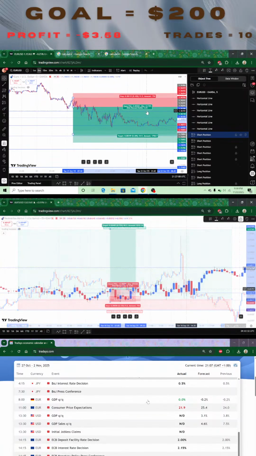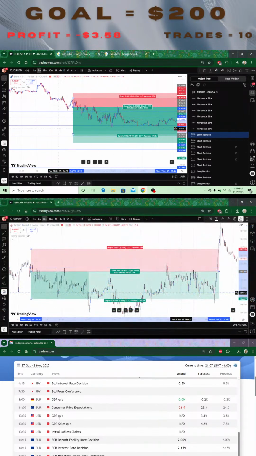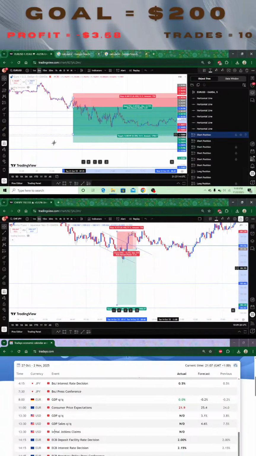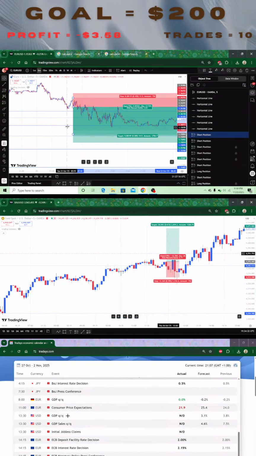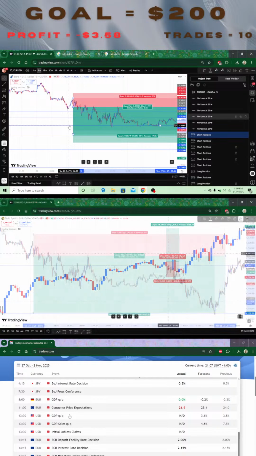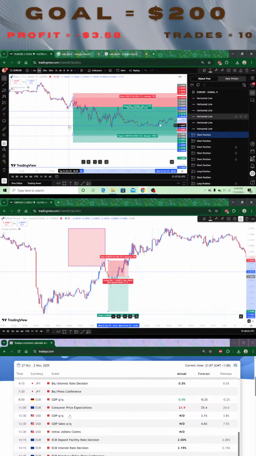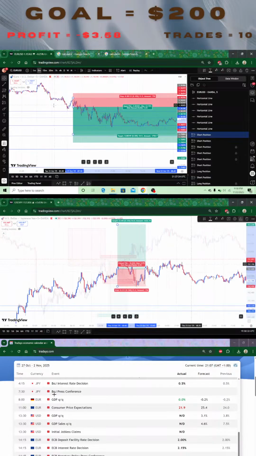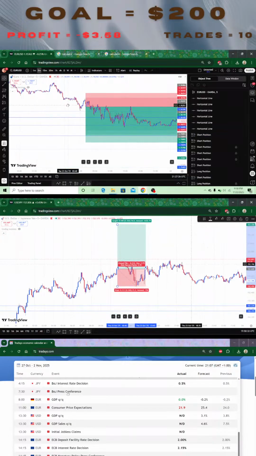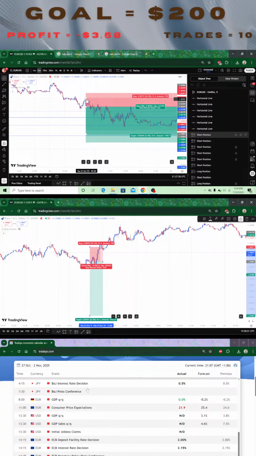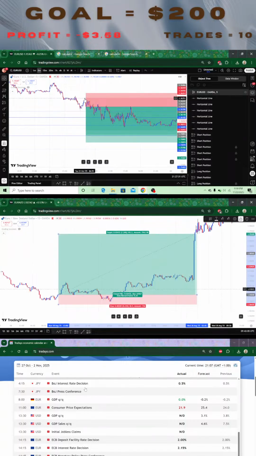Why do we put our take profit somewhere here? Because we are trying to obey the financial indicator. Before, this was the previous stop loss that was also used.